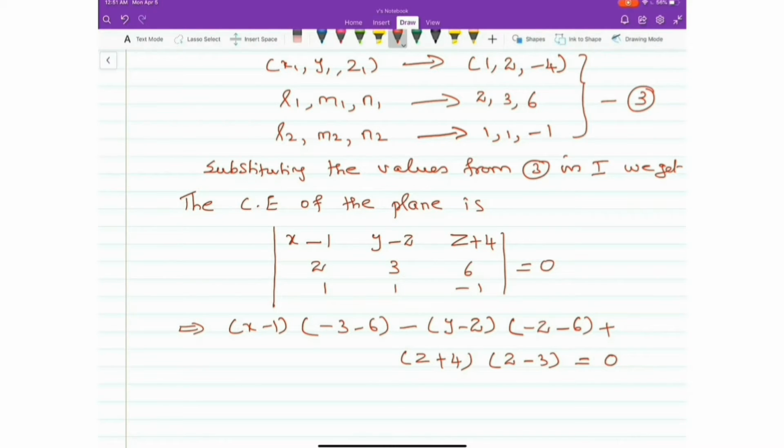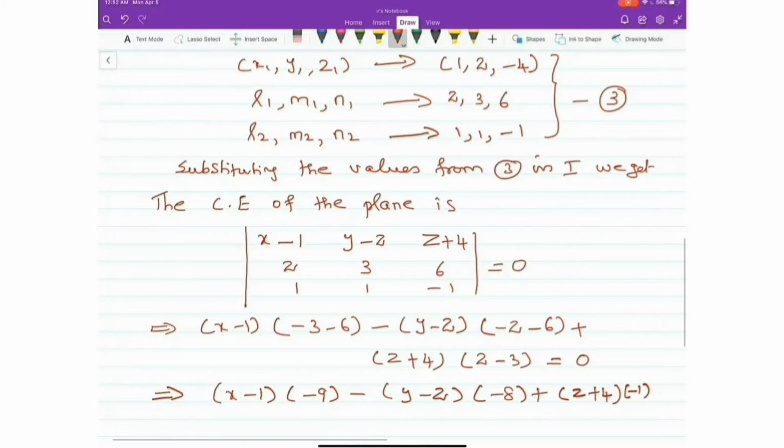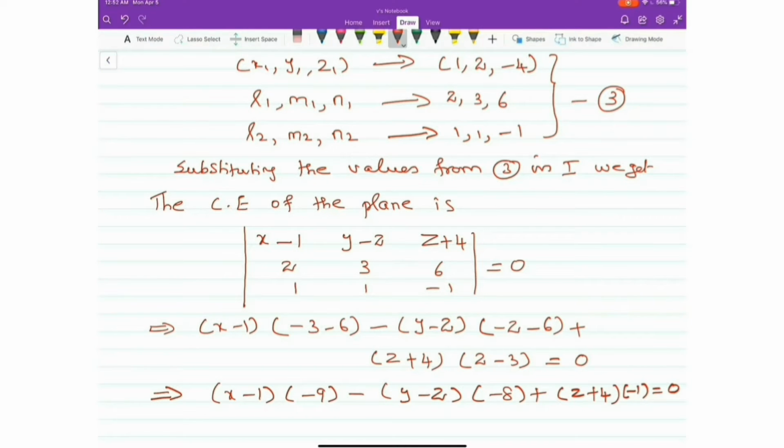which is equal to 0. When I simplify this, I will be getting x minus 1 into minus 9, then minus of y minus 2 into minus 8 plus z plus 4 into minus 1 equal to 0.